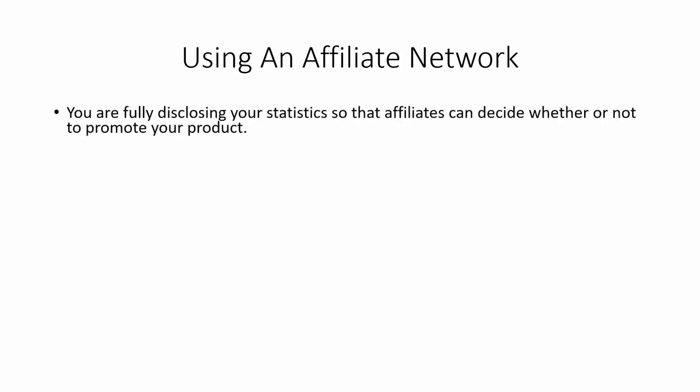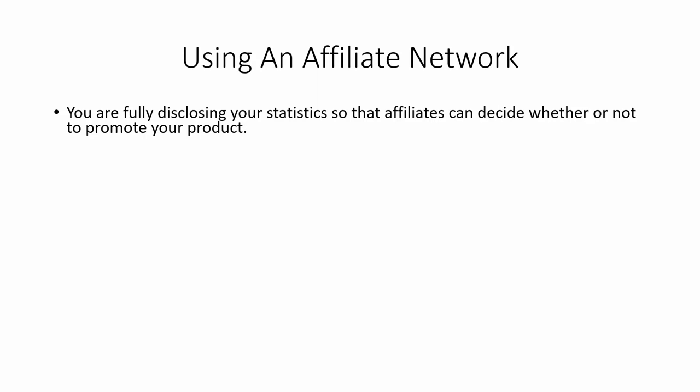Let's talk a little bit about using an affiliate network to sell your product. One of the things about using an affiliate network is that you are fully disclosing your statistics. You want to make sure your affiliates see how well your product is selling, because that is how they're going to determine whether or not they're going to promote your product.